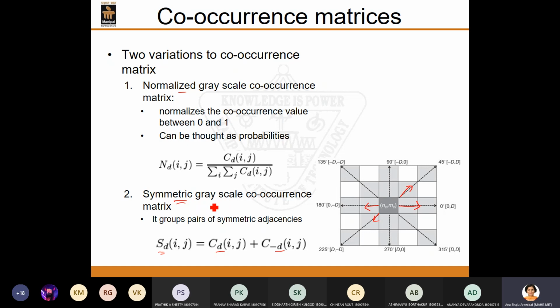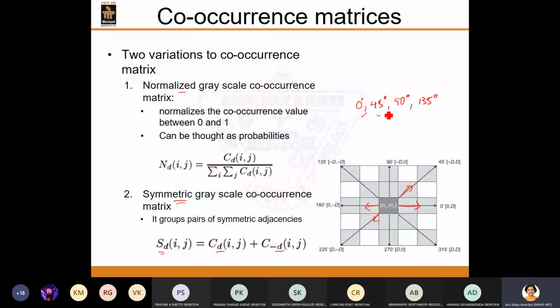Now, another way is, after we have taken a symmetric GLCM matrix, you'll have 0, 45 degree, 90 degree, and 135 degree. The remaining ones have been fused together with the previous ones. So you have 4 different directions. Either you can work with these separately as different directions, but what is most commonly done is the average of all these 4 matrices can also be considered.